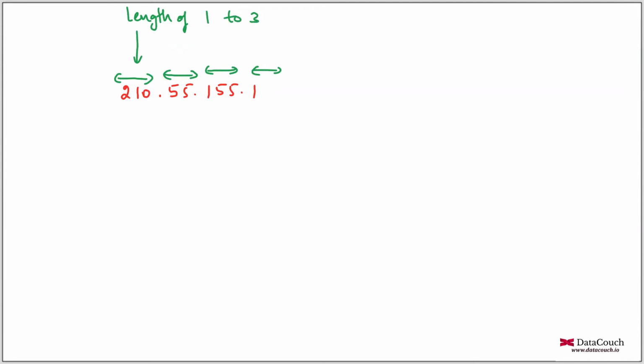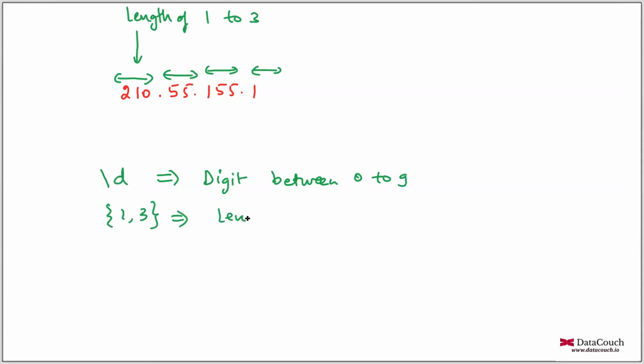So \d is basically for a digit between 0 to 9, right? And {1,3} indicates a length between 1 and 3.